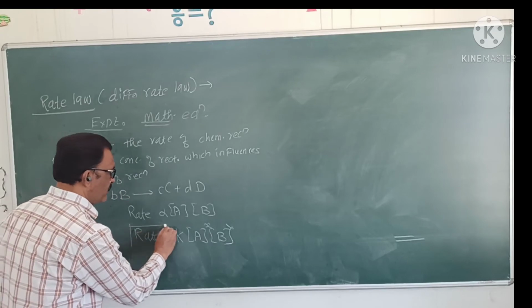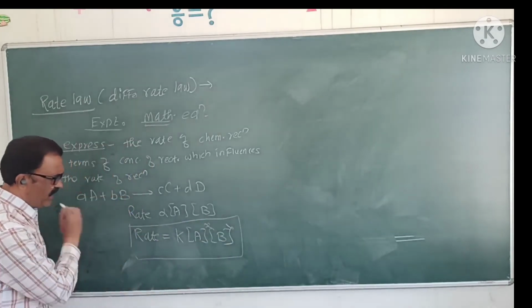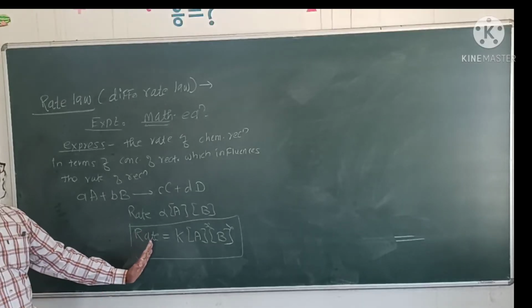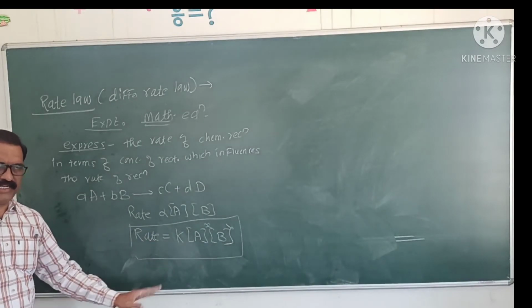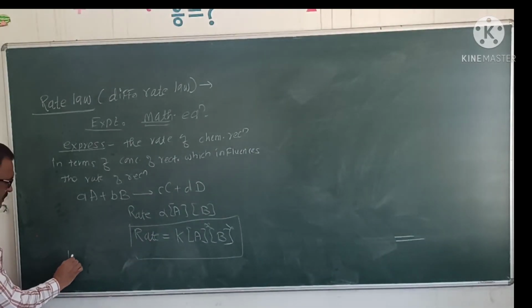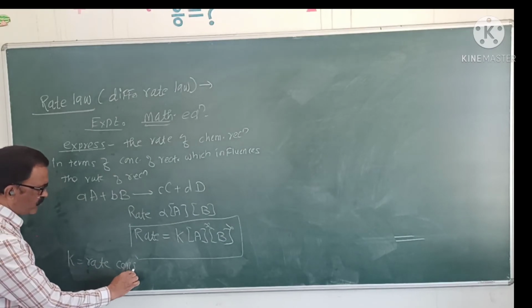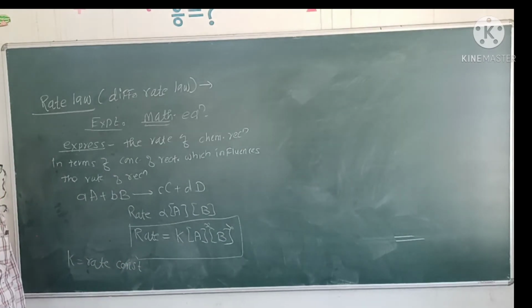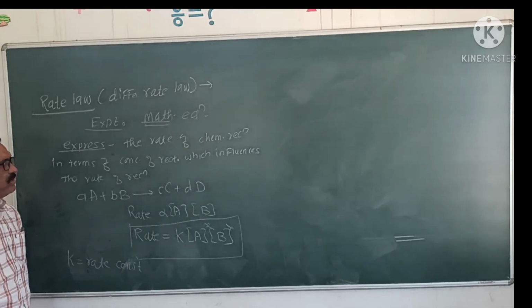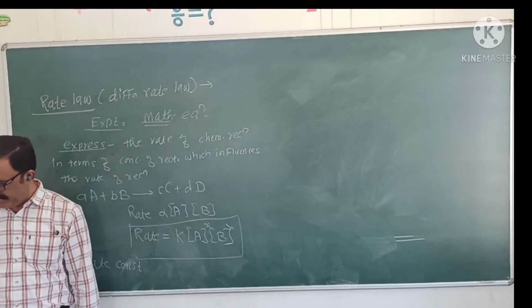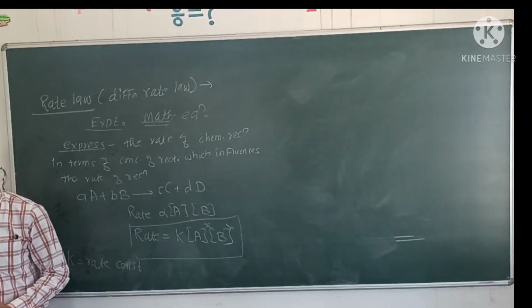This is the rate law equation, where k is a proportionality constant known as the rate constant.